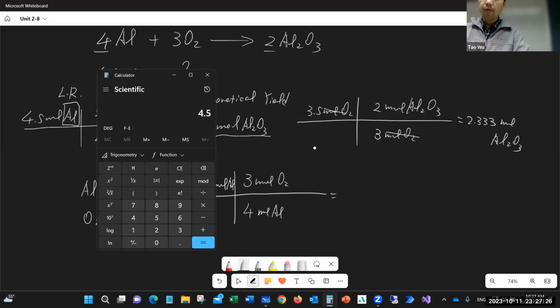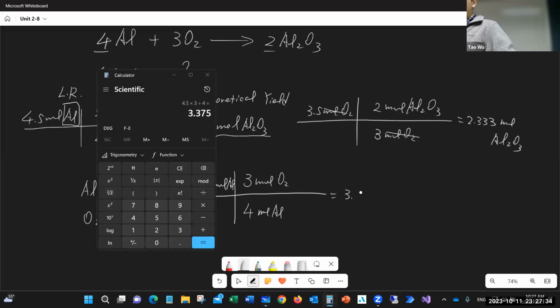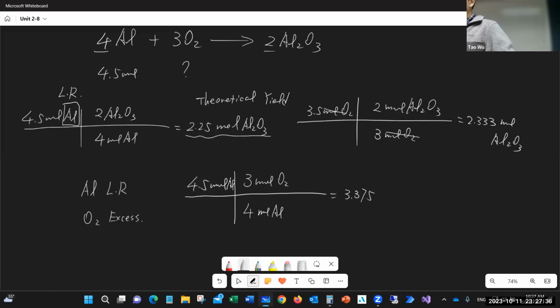So 4.5 times 3 divided by 4. I got 3.375 moles of oxygen. So if we use up all of the aluminum, we're going to use 3.375 moles of oxygen.